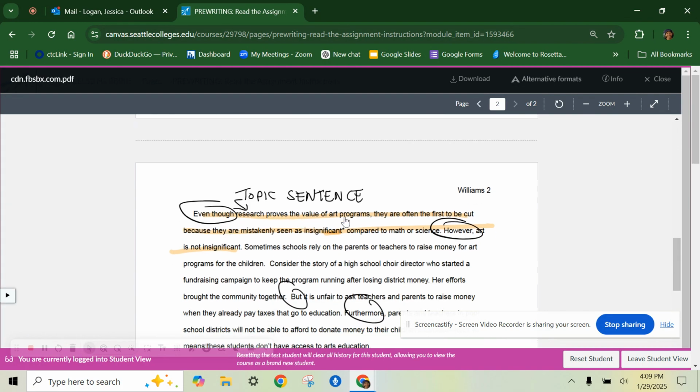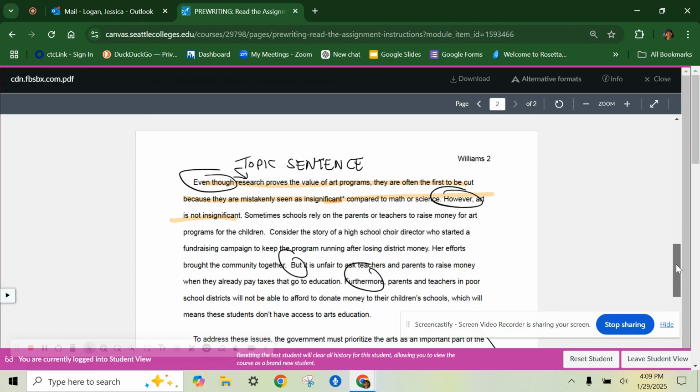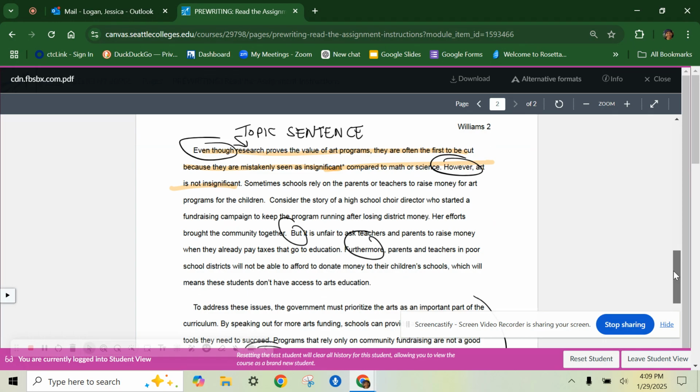Even though research proves the value of art programs, they are often the first to be cut. Cut means no money, because they are mistakenly seen as insignificant, unimportant compared to math or science. However, art is not insignificant, so here is the argument to give them enough money to fund those programs.